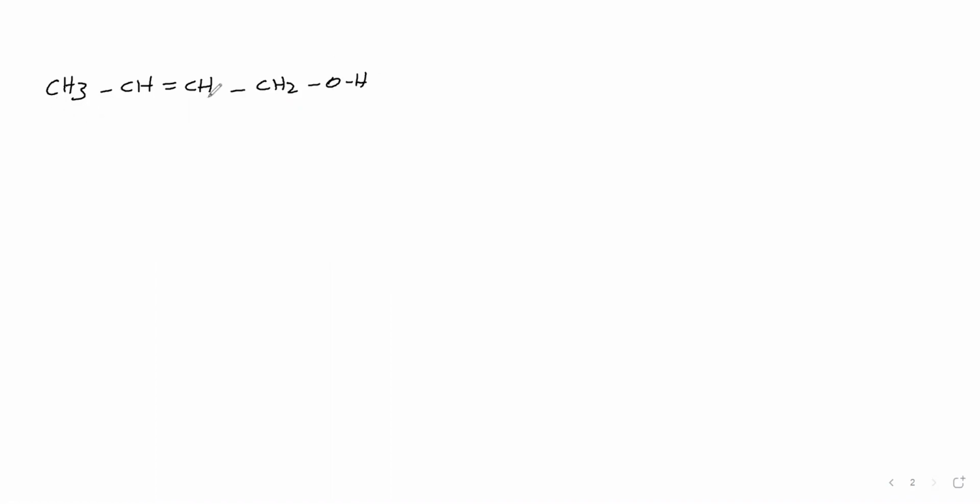Now the parent chain contains 4 carbon atoms, therefore root word is but. C=C double bond comes under primary suffix, that is ene. This OH group, we have to say as secondary suffix. Alcohol means ol.